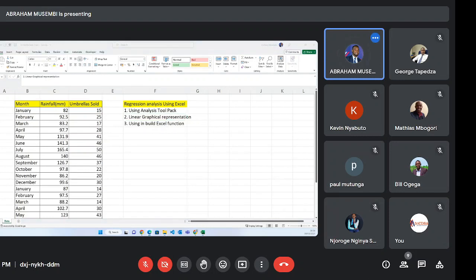Okay, it is the simplest one. So remember our model here, which is used to track monthly rainfall.